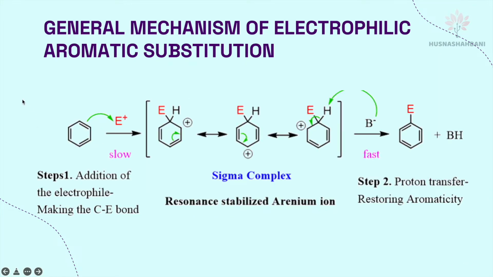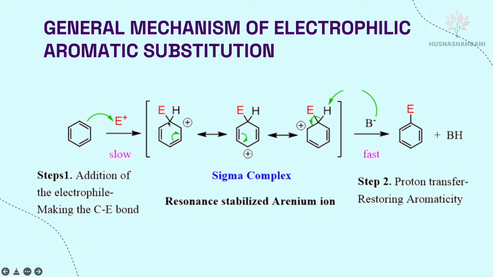General mechanism of electrophilic aromatic substitution. Step number 1, addition of electrophile to the benzene ring, making the carbon and electrophile atom bond. This reaction is slow, so of the carbon-carbon double bond, 2 electrons of one bond are used to form bond with the electrophile.